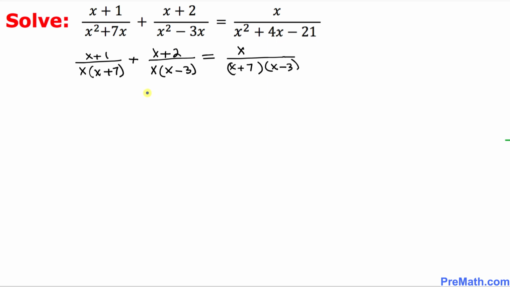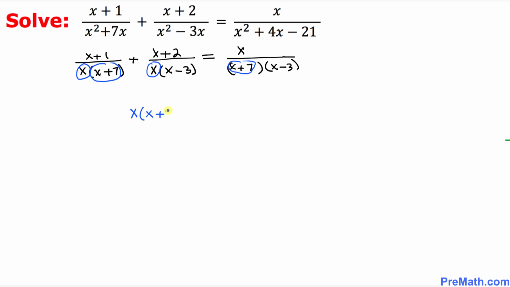And this, our next step, is really crucial. Let's look at the denominator. We have x over here and we have x over here as well. I am just going to write down x just once. Now let's focus on the x plus 7 factor, and we have another x plus 7 factor, so I am going to write it down just once.